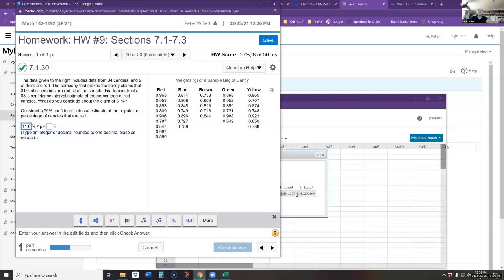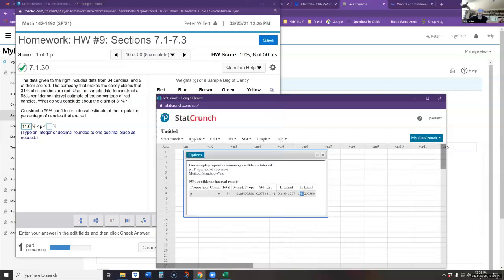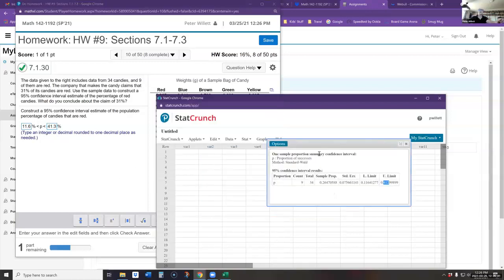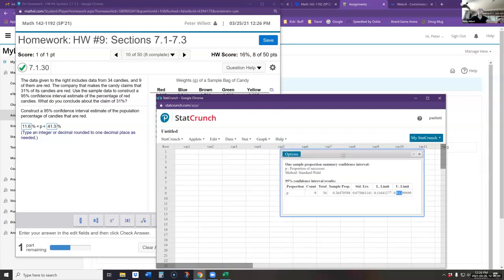And 0.412 with a 9 following will be 41.2 rounded up to 41.3%. So by going to that tool, proportion stats, 1 sample with a summary, I put in the summary, 9 were red, 34 were looked at. I got this range of values here, and I entered those in, and I had to adjust decimal versions to percentages.